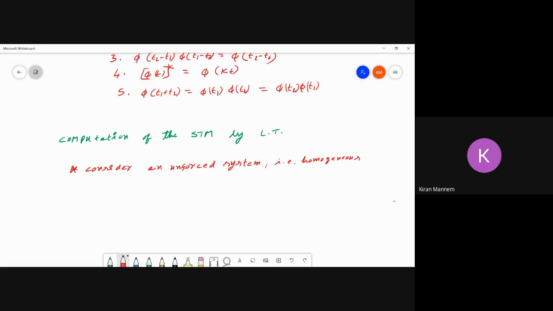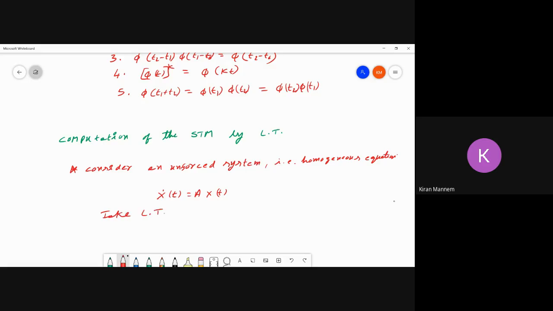So what is that? X dot of t is equal to A into x of t, where A is the constant matrix. Now take Laplace transformation both sides.